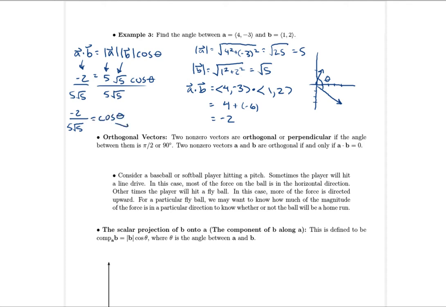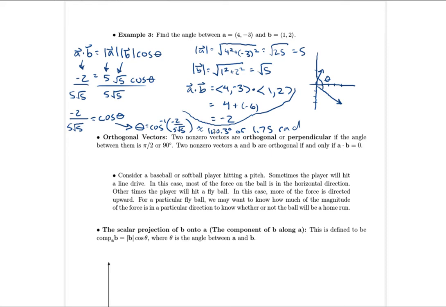I'm starting to run out of space here, but that means theta is equal to the cosine inverse of -2 over 5 roots of 5, which is, when we put it in degree mode, 100.3 degrees, or in radians, 1.75 radians. I'm going to separate this out here. And so just like we were predicting, we get an angle of about 90 degrees.